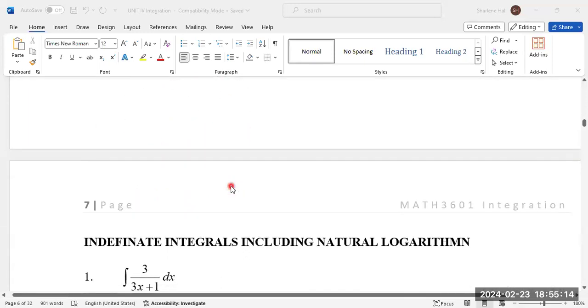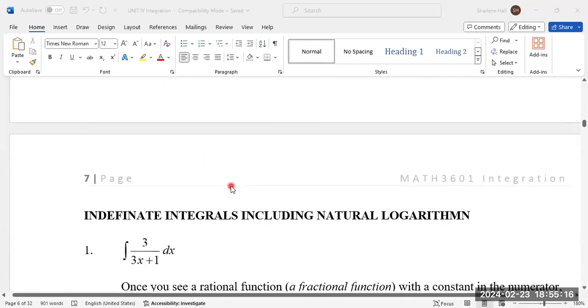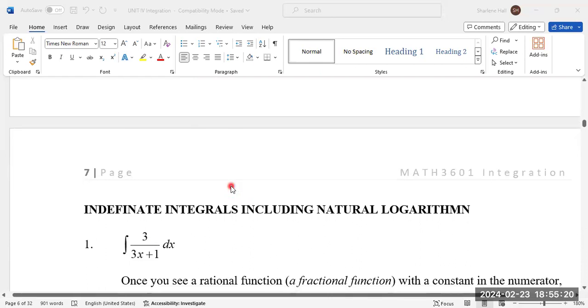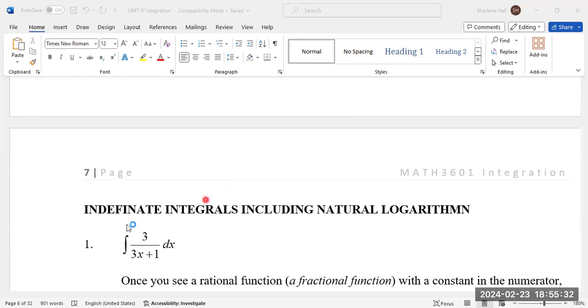All right. So we're looking at indefinite integrals including a natural logarithm. If you look at this function, you recognize that it has 3 over 3x plus 1.